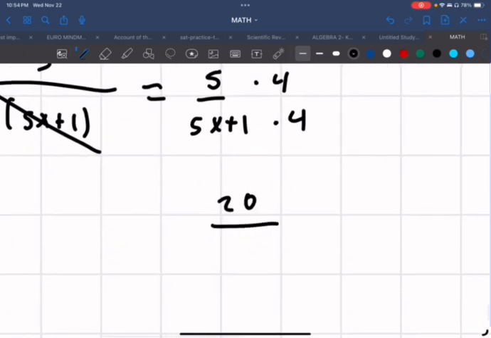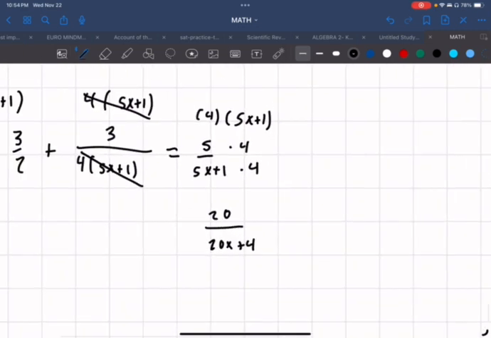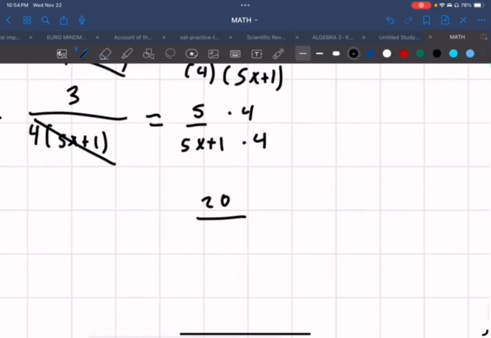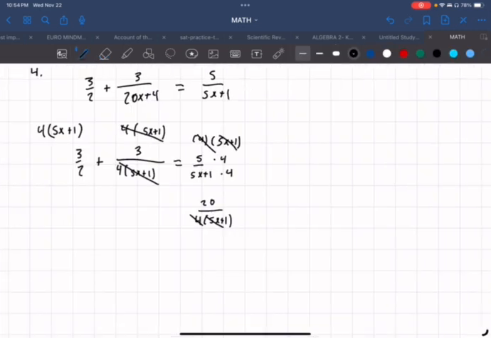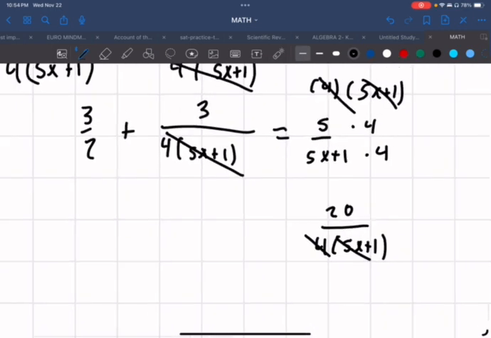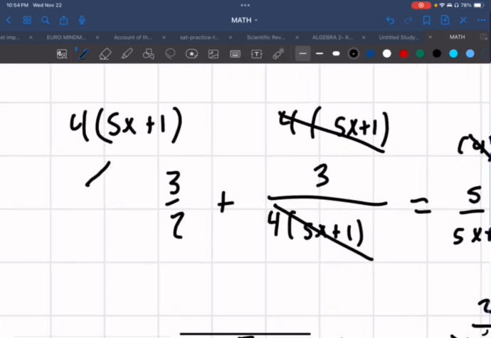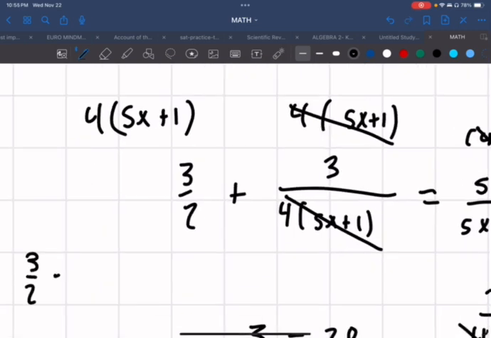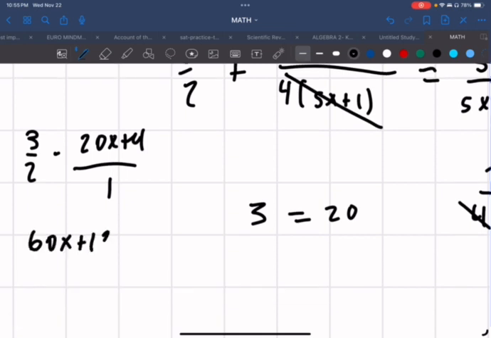So this is 20 over 20x plus 4. And then actually, let's just write this as simplified. So we can cross this. So that's just 20, I'm just showing it out so it's clear. So this would be 3. And then you would multiply this. So we have 20x plus 1. So 60x plus 12 over 2.